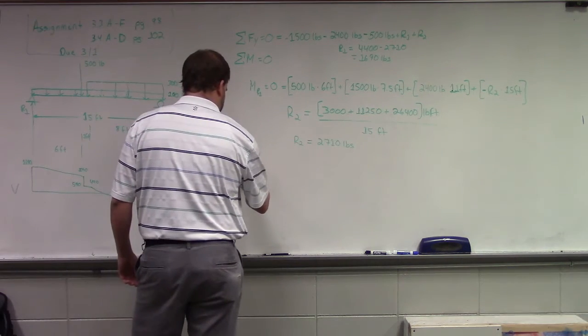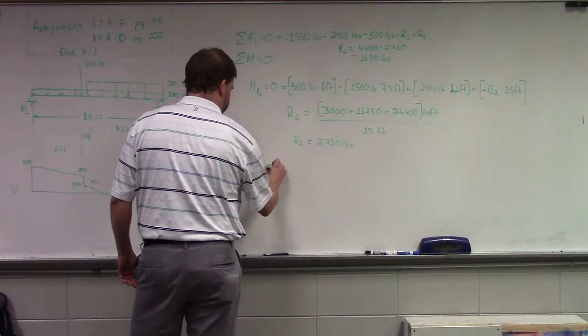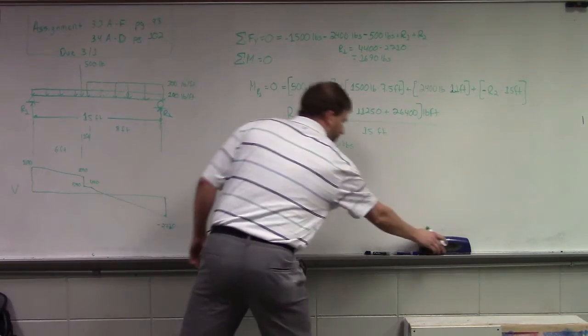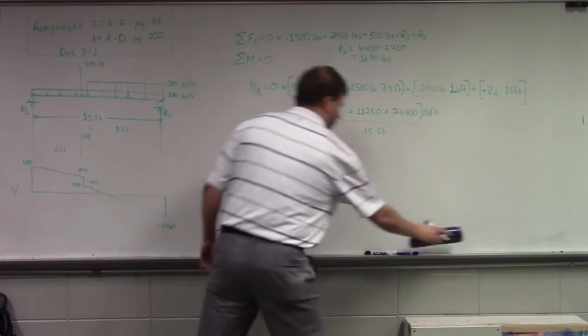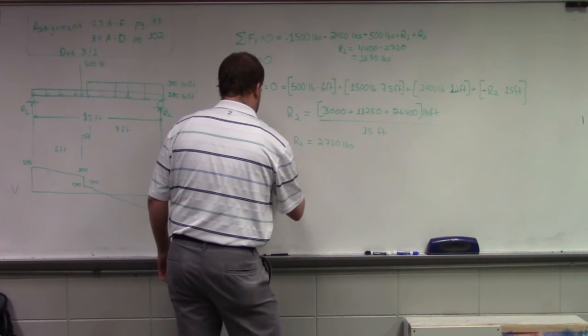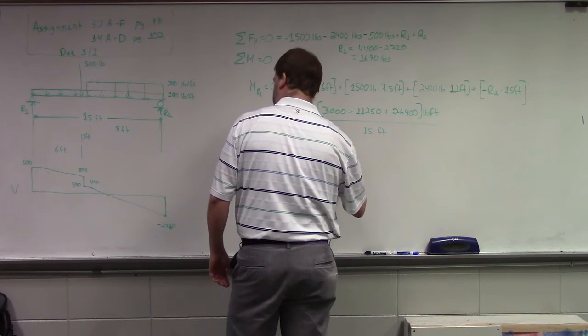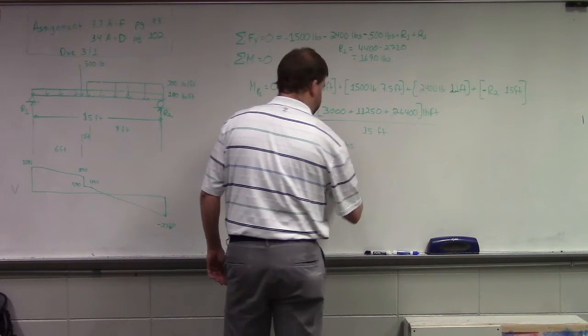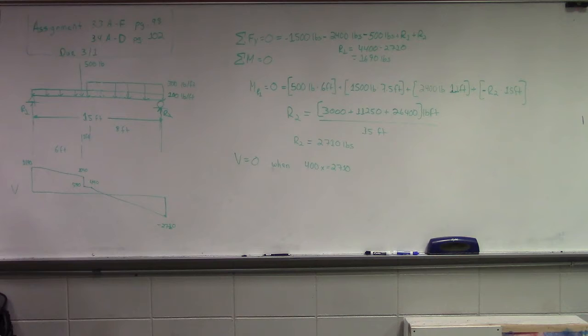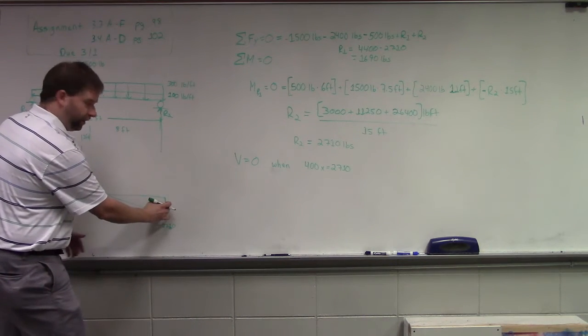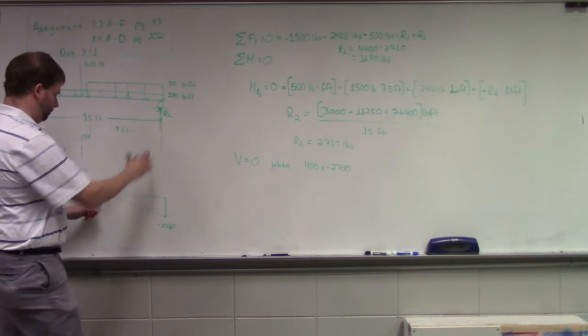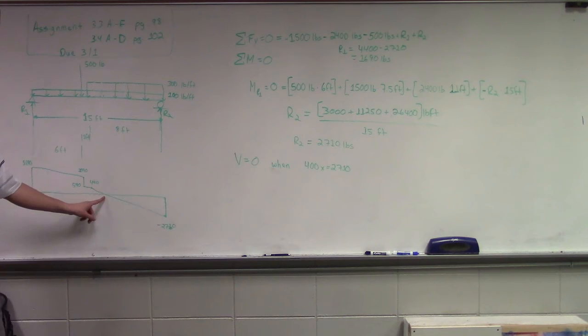So could we say that V would equal 0 when 400x equals 2710? Does that make sense to everyone? Now we have to keep in mind that if this is what we're using, that distance is going to be measured from R2 to the point where shear equals 0, right?